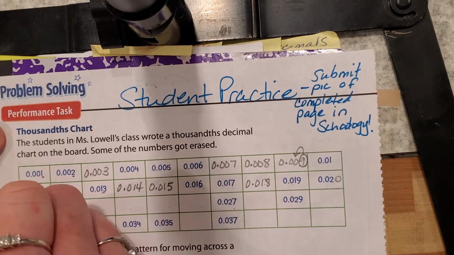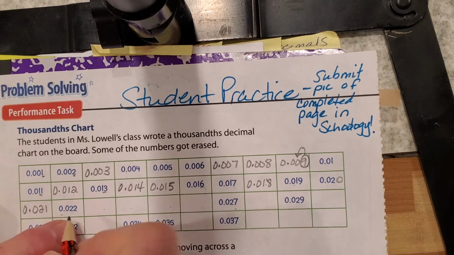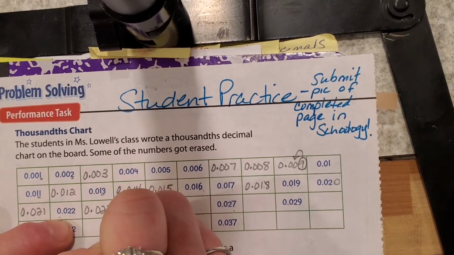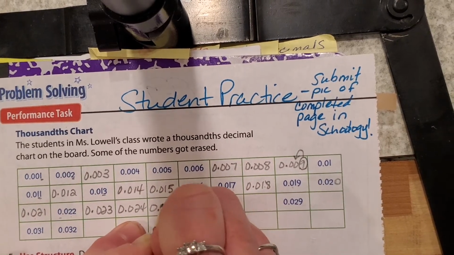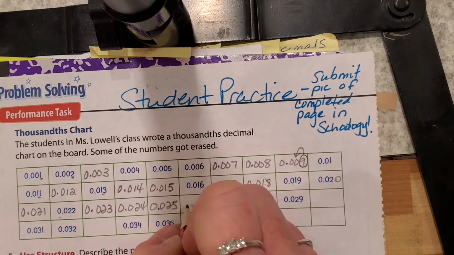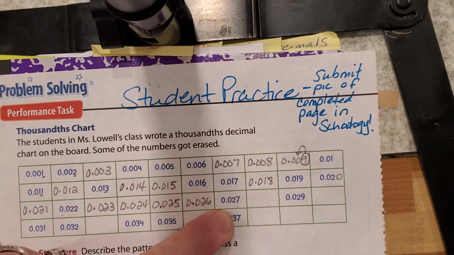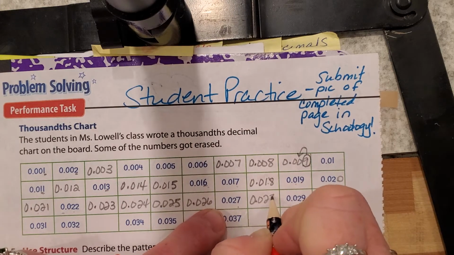So it'd be 0.021, then 21 to 22. Then we have 22 to 23, 23 to 24, 24 to 25, 25 to 26. Then we have 27. Oh, it's working out beautifully. 28.